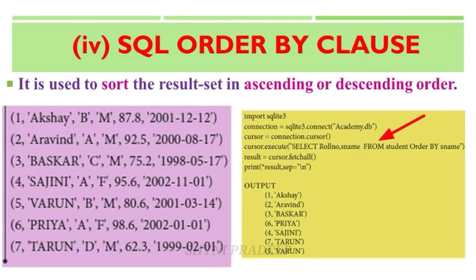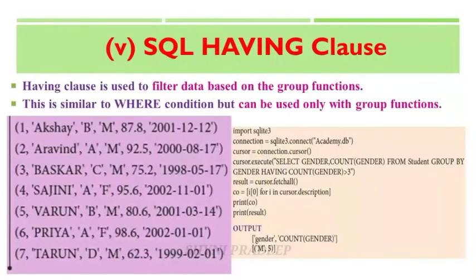See here, SELECT roll_number, name FROM student ORDER BY name. Here you have to print name and roll number in alphabetical, that is ascending, order. So, see here, the name and roll number will be displayed like this. This is the output.